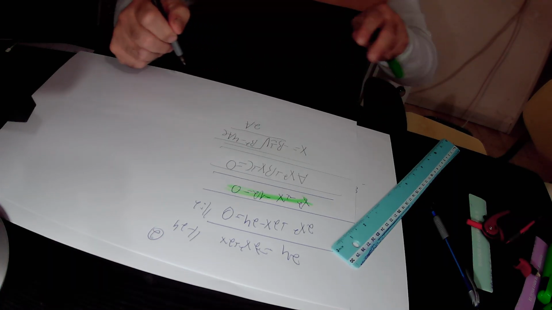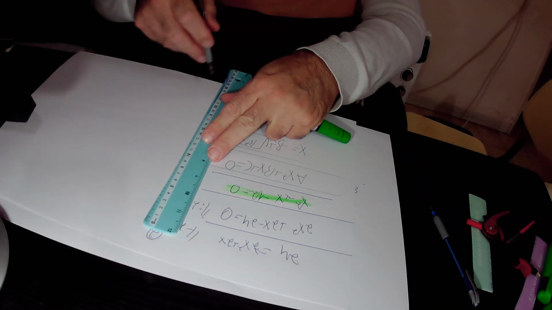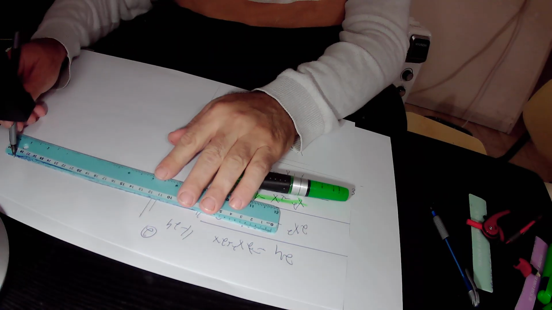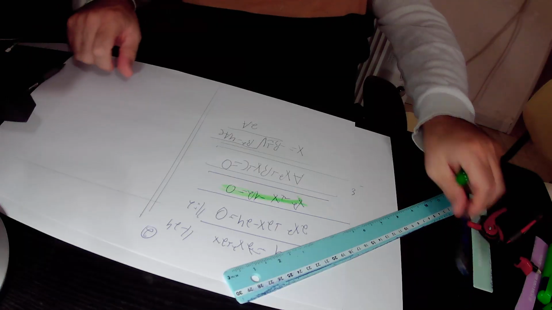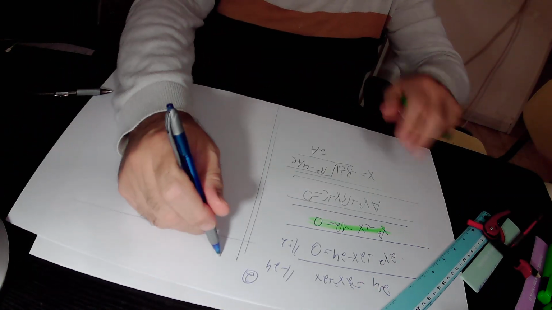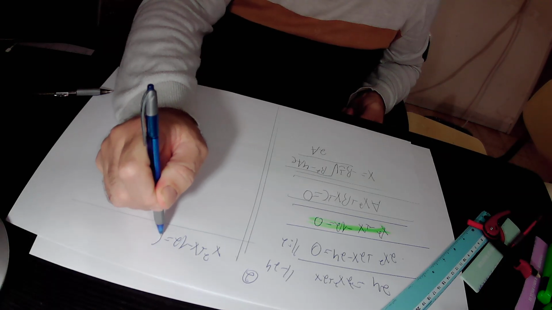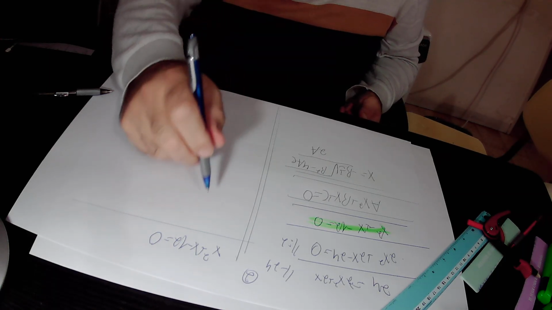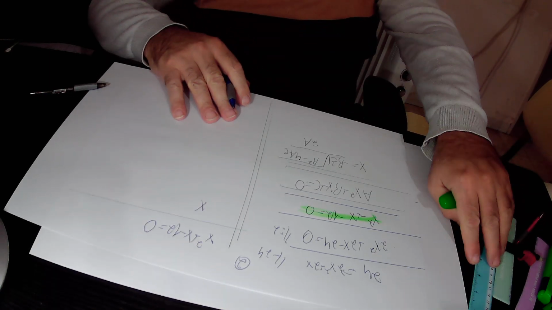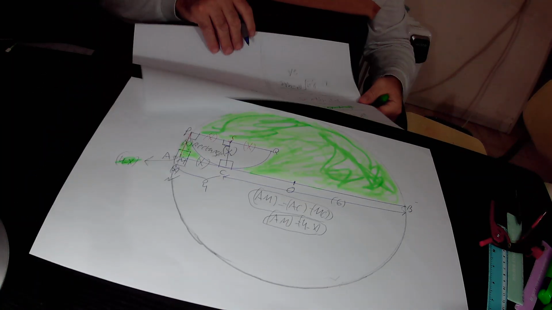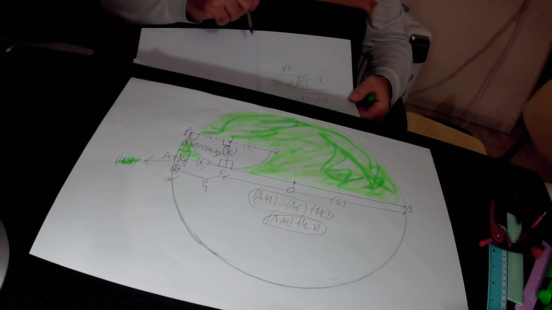In our specific quadratic equation, that is to say, x squared plus x minus 12 equals 0, the variable that we are looking for is x. x is the radius of this small semicircle.